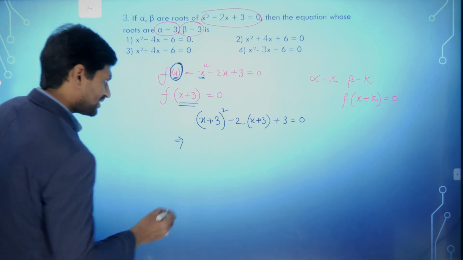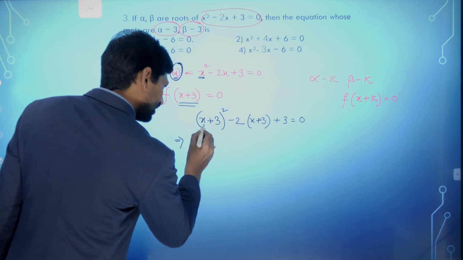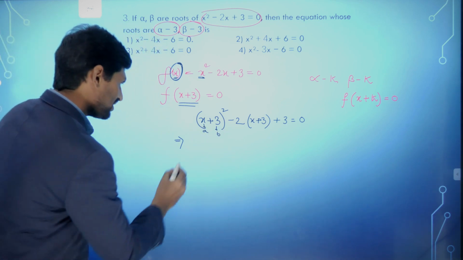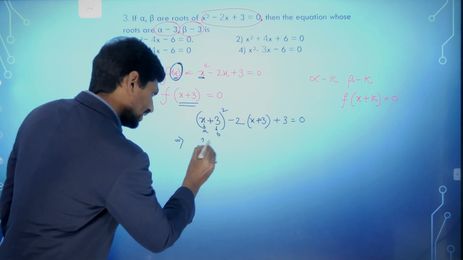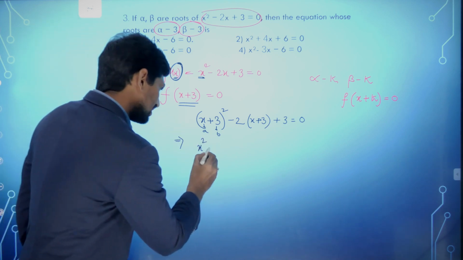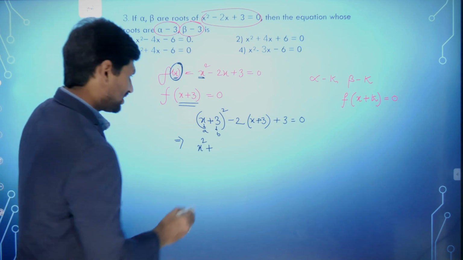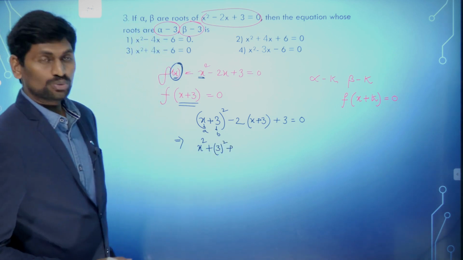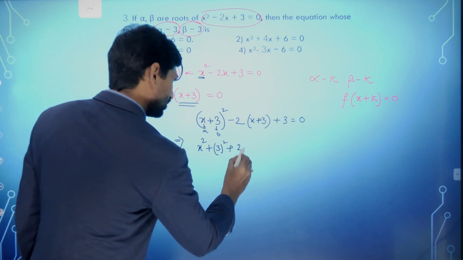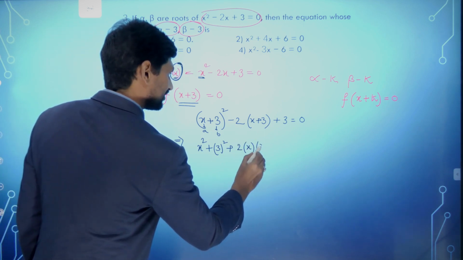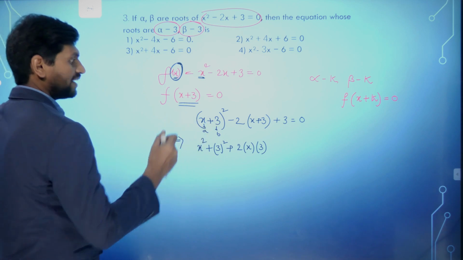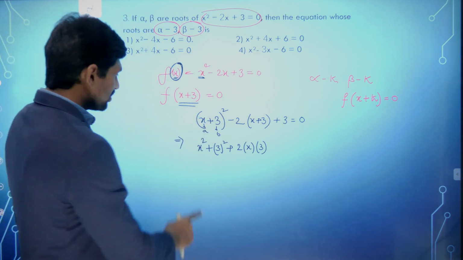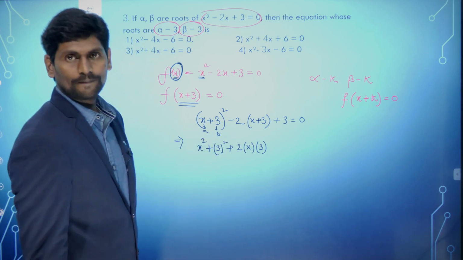Now I am expanding like that. Here what is a? A means x, b means 3. A plus b whole square expansion: a square, so x square, plus b square, 3 square, plus 2ab, 2 into x into 3. I am just expanding the first term because it is looking like a plus b whole square.